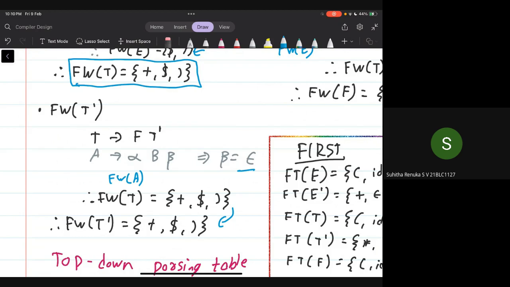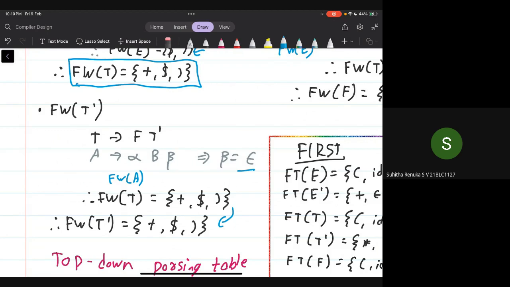இப்பதான் கத்தவே ஆரம்பிக்கிறேன். Since beta is not epsilon, you take first. Follow of T dash is equal to first of beta, which is equal to first of F. First of F என்னன்னு கண்டுபிடிச்ச?